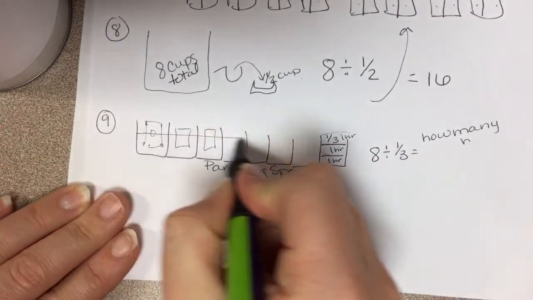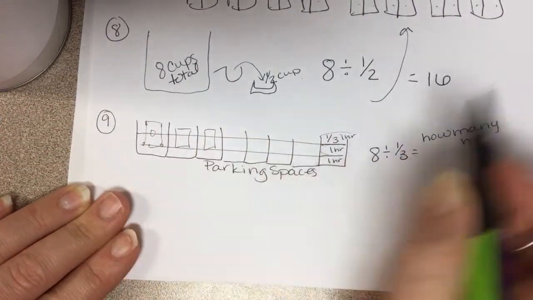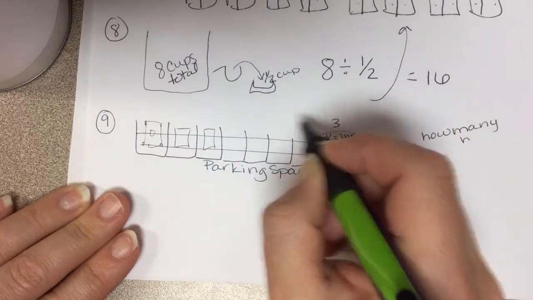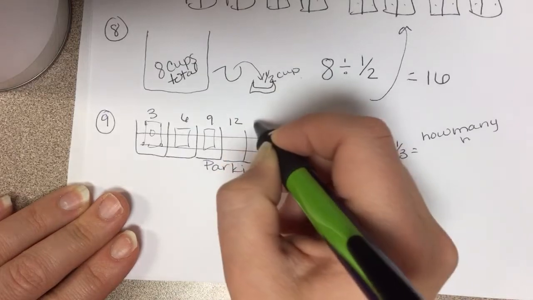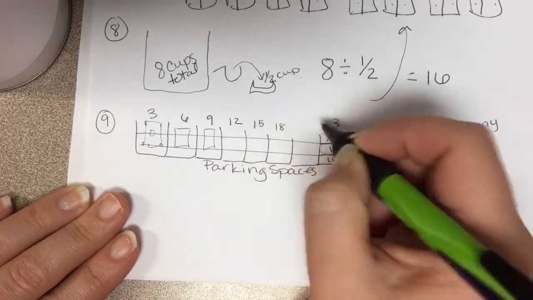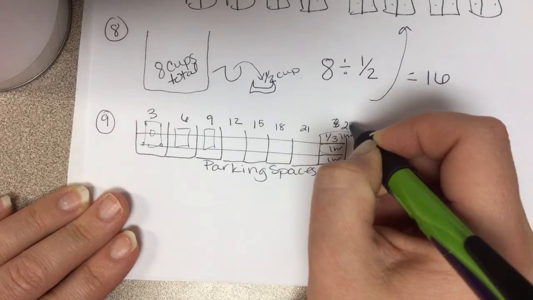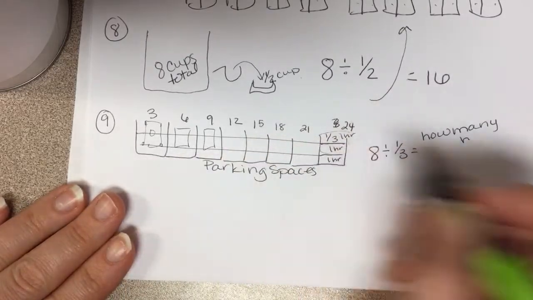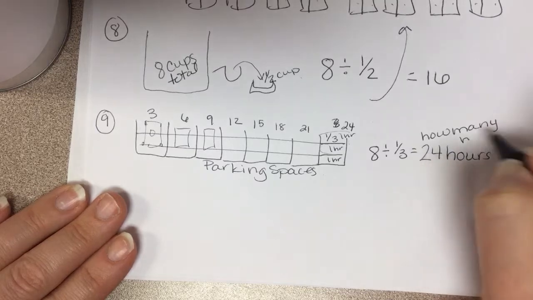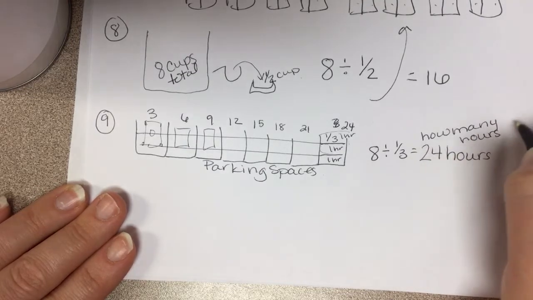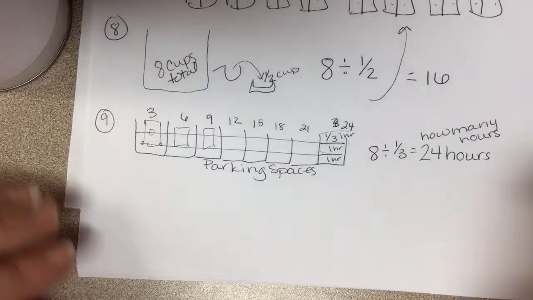So I have to split all of them up into thirds. So 3, 6, 9, 12, 15, 18, 21, 24. So I'm counting by 3s. So it will take 24 hours because the question said how many hours till it's all cleared.